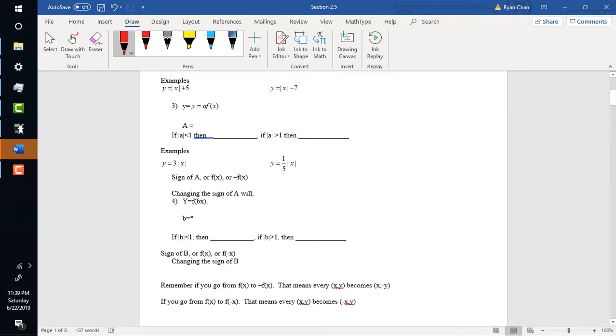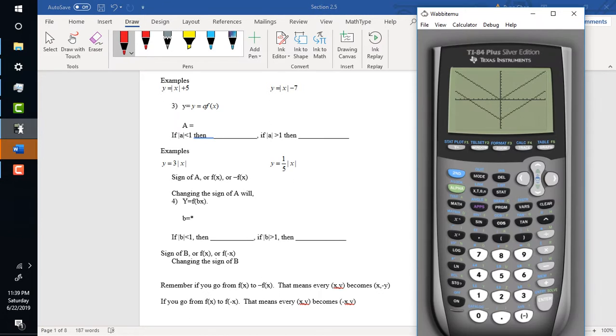So let's talk about this right here. What happens if I'm multiplying by a number out in front?